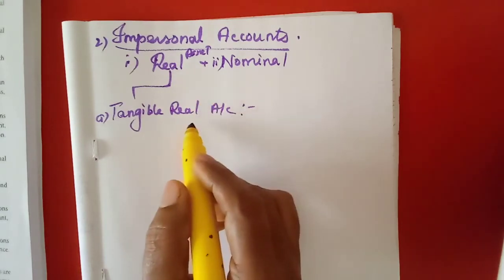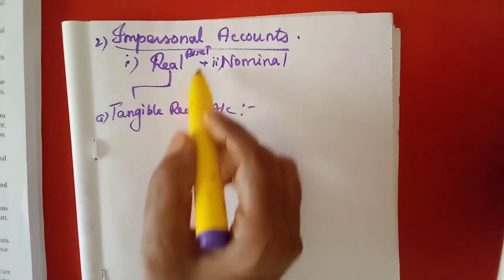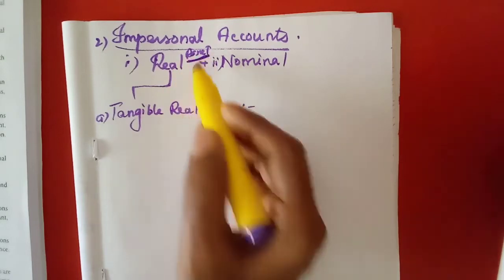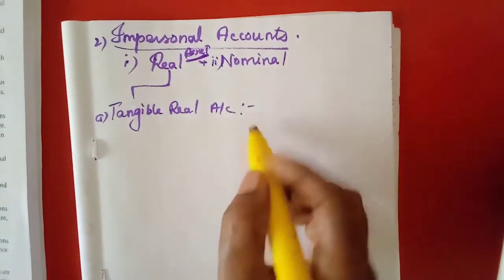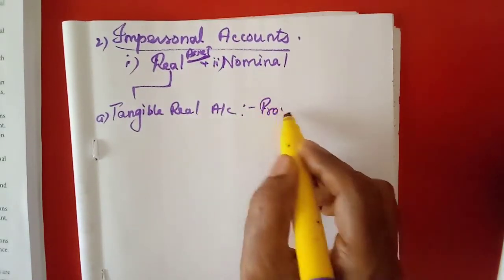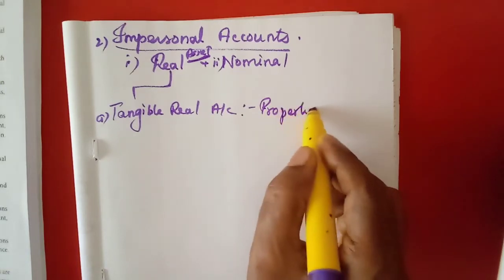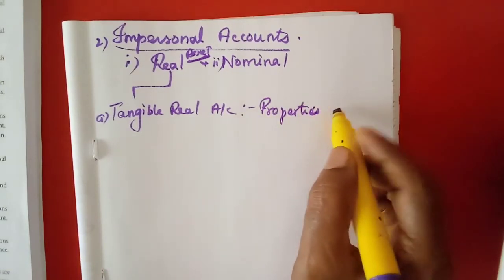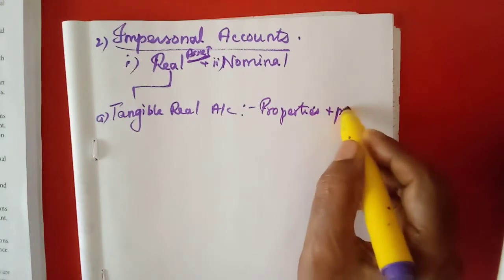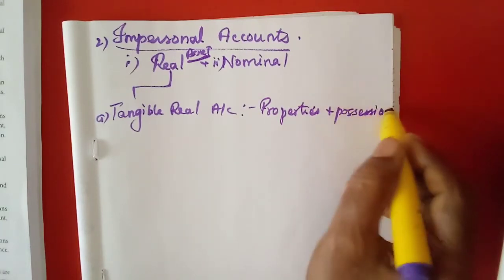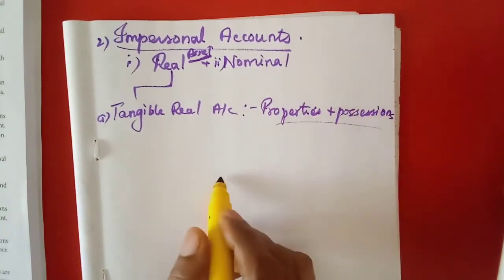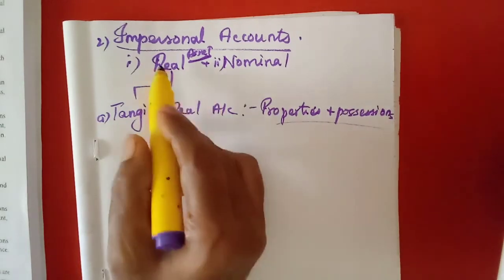First, we should know what is an asset. We have heard of assets, isn't it? All the properties or possessions, that which we possess. The properties and possessions that we have as an asset are called the assets or the real accounts.